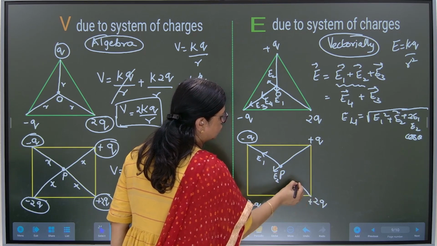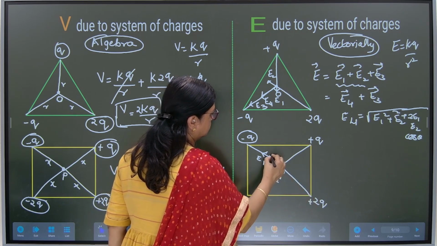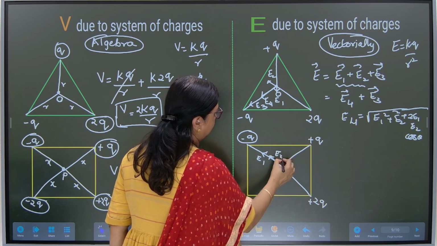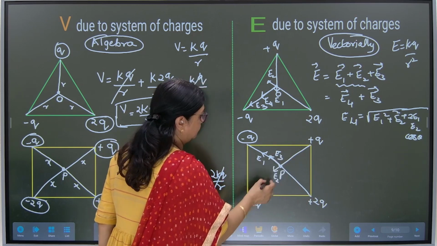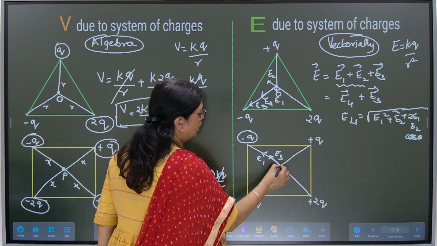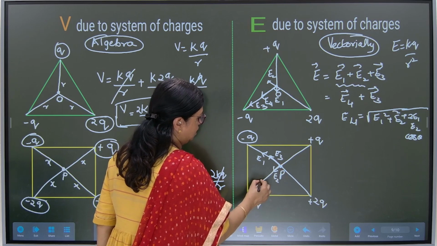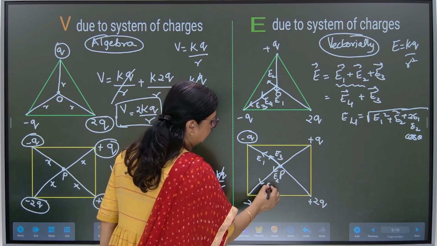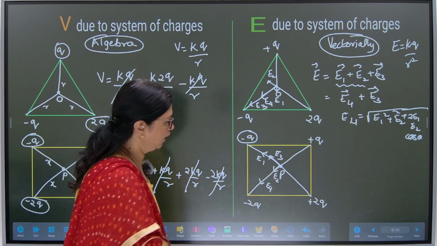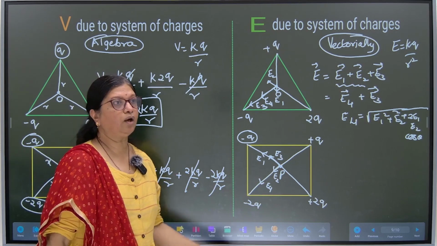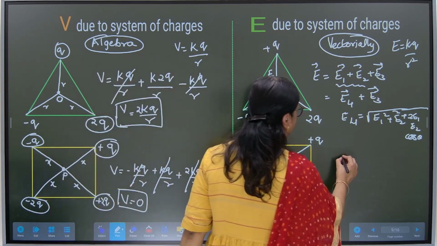This is E3, and this is negative, so from the point towards the charge, this is E4. Now, what is my vectorial addition again?